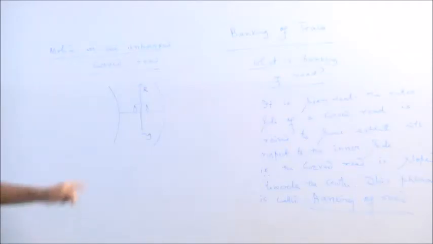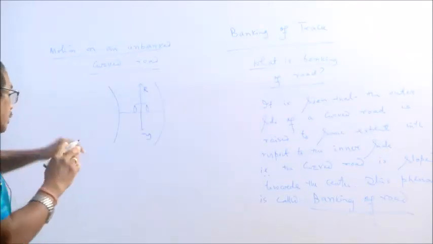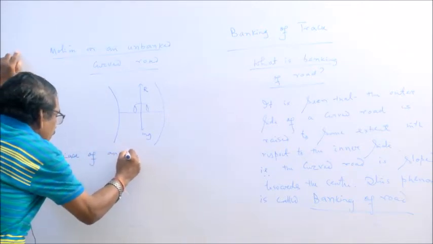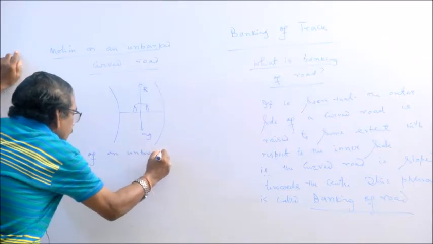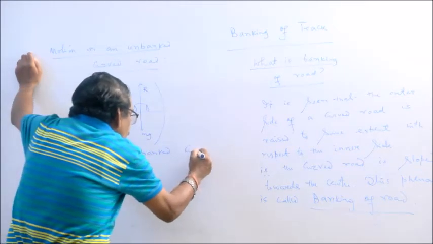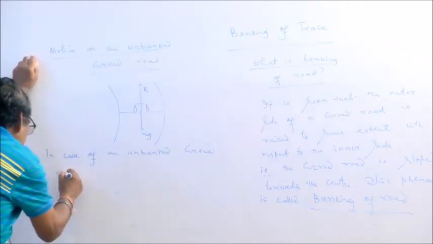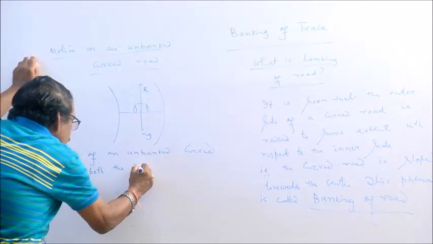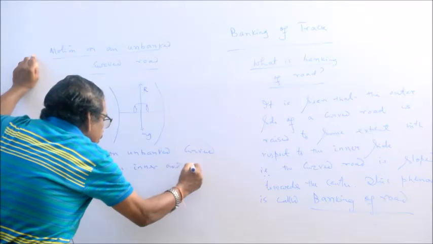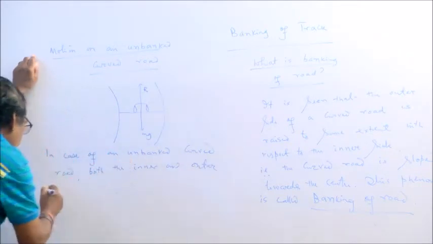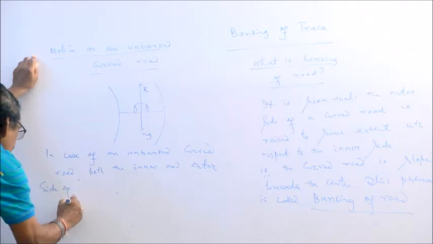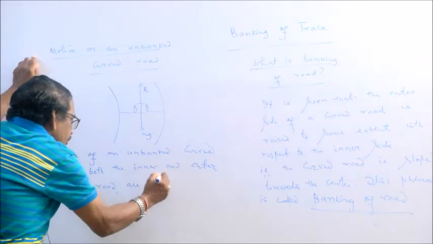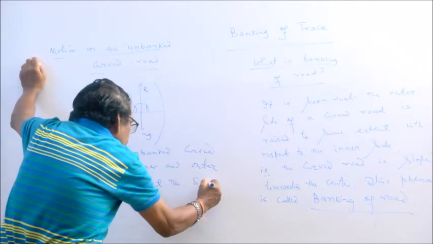Unbanked curve means both the inner and outer sides of the road are at the same level.